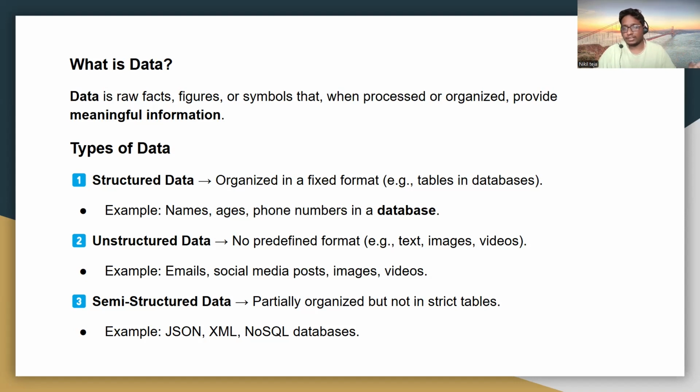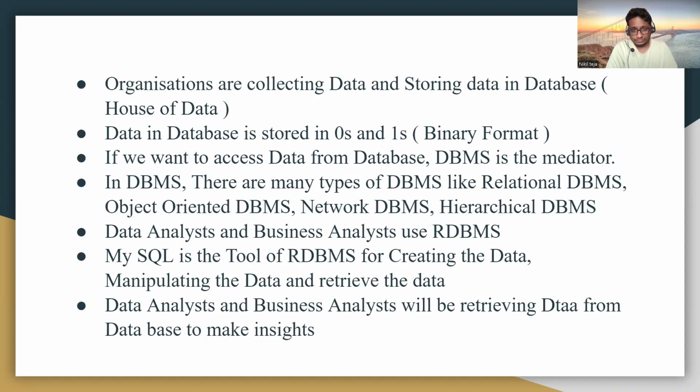Coming to unstructured data, it is nothing but files like PDF files, videos, images, audios, and so on. Semi-structured data is not totally structured and not totally unstructured. Some part of the data is structured and some part is not structured. That is called semi-structured.